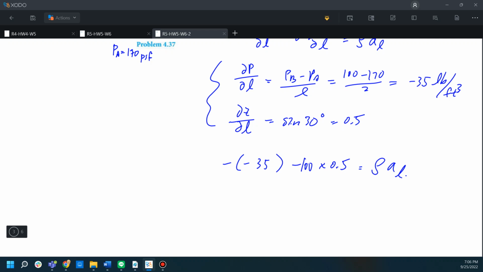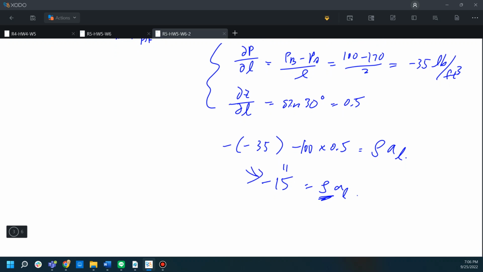So we know this is equal to 35 minus 50, that is minus 15, equal to rho a_L, and we know that rho is a positive number, so the sign for the acceleration is negative, right? Because of minus 15. So a_L, what we can conclude is that it is negative.